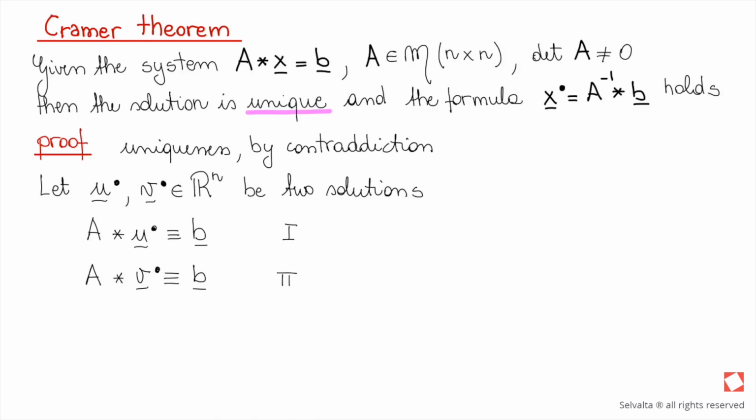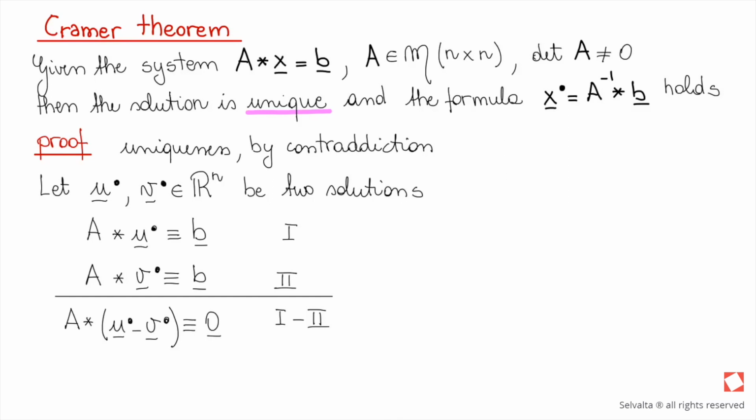Let's suppose that these two solutions, u dot and v dot, are different. I can subtract the second row from the first row side by side. At the left-hand side, factorizing A, I obtain A times u dot minus v dot. And at the right-hand side, b minus b is the zero vector, obviously.